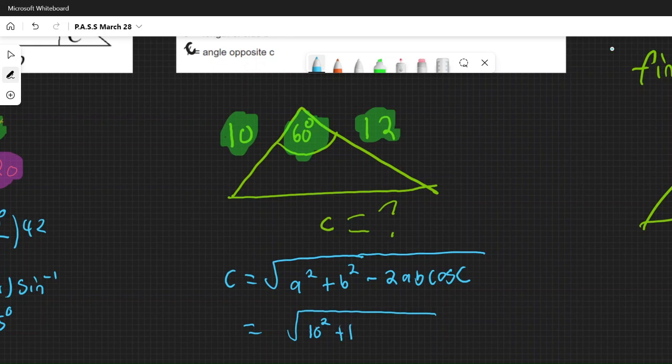So we have 10 squared plus 12 squared minus 2 times 10 times 12 times cos of angle c, which would be this angle here, that is opposite from our side length c. So that would be cos of 60 degrees. And if you crunch all those numbers, you'll get approximately 11.14.